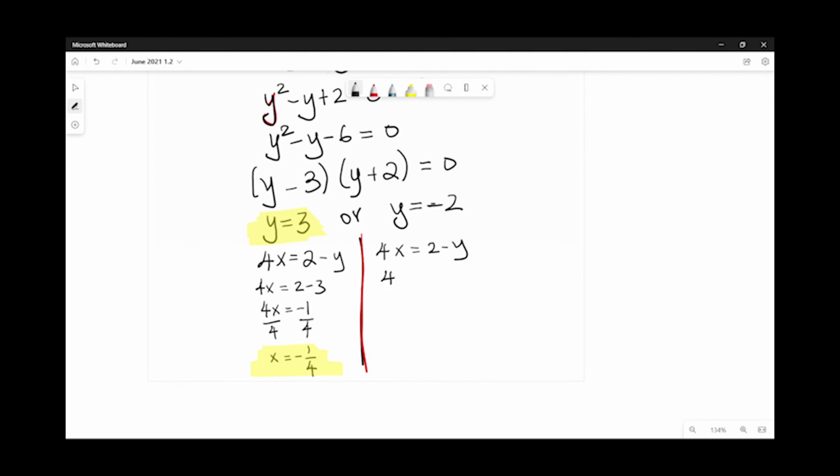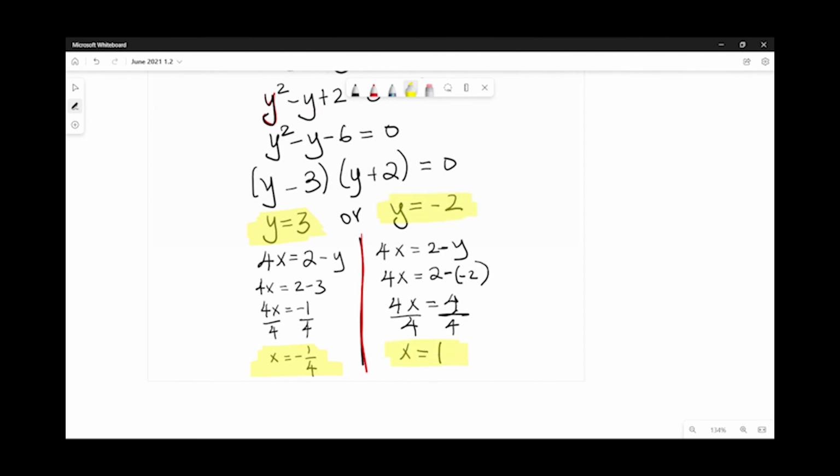That's going to be 4x is equals to 2 minus the negative 2 that we're substituting, right? Do not make a mistake there. And then now when I have 4x is equals to 4, that means x is equals to 1. Those are your 4 answers.